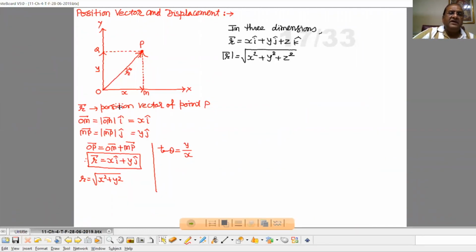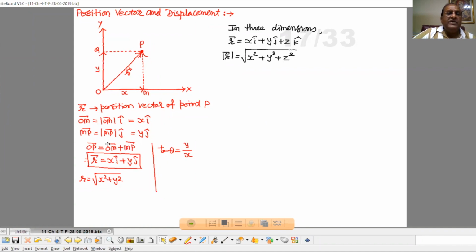Here, as shown in the figure, suppose the position of point P is represented by this position vector r. Now, if we draw normals from P to the x-axis, that is PM, and from P to the y-axis, that is PQ, suppose OM is x and OQ is y.